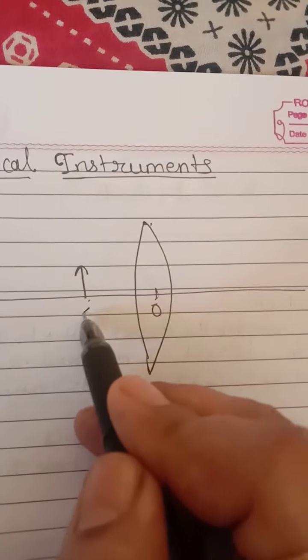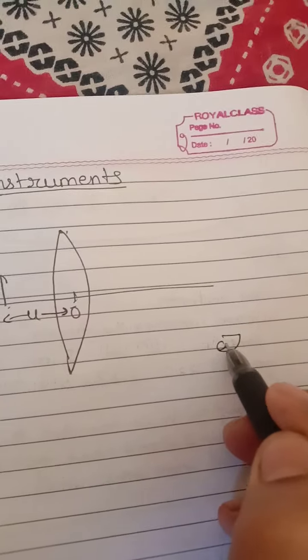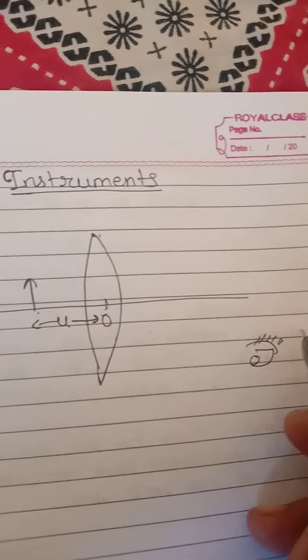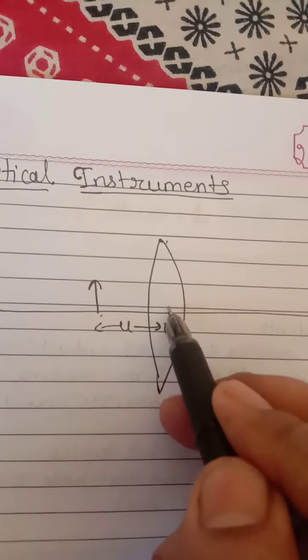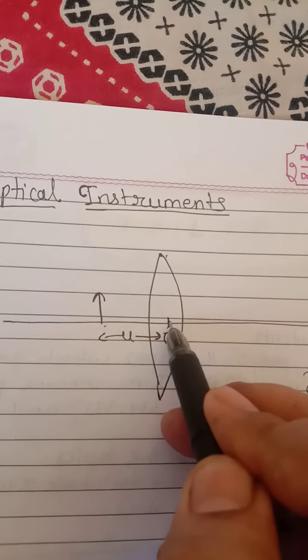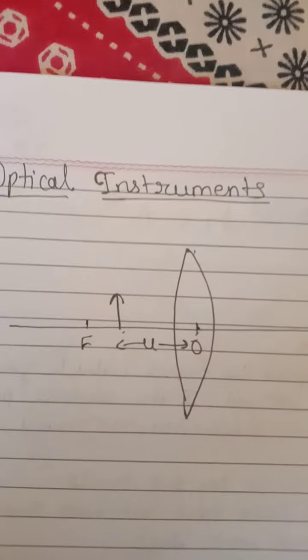Because the object is kept here near the lens, and an observer here sees the object. The object should be kept between the optical center and the focus, very near to the lens, less than 25 centimeter, according to the vision of our eyes.